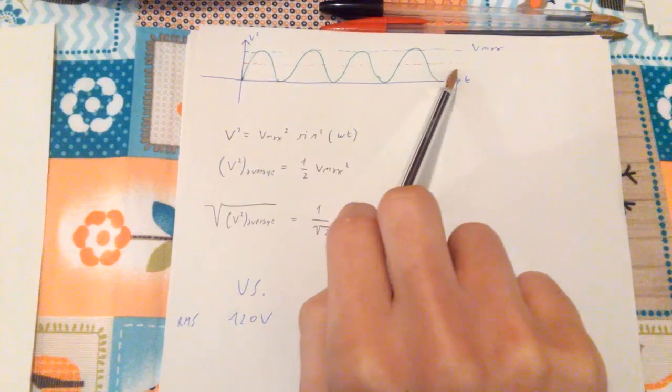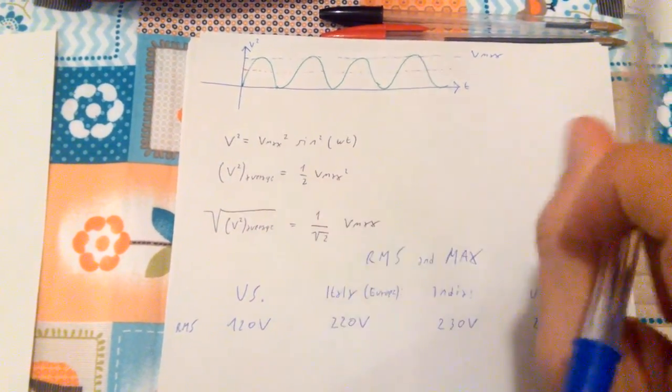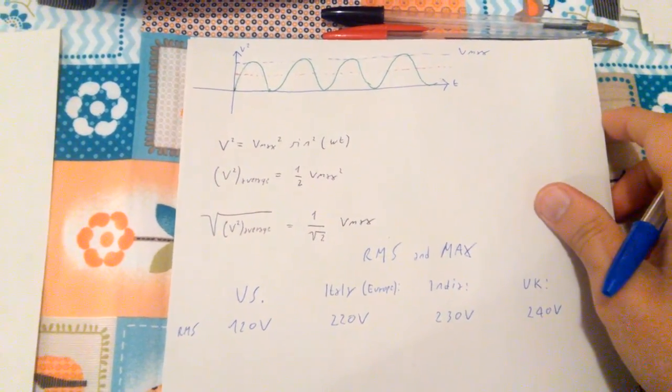If I wanna find the peak, so the maximum value, I just have to multiply by the square root of 2.